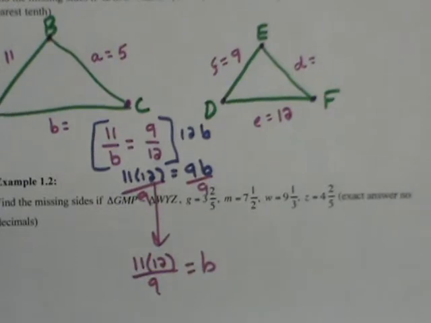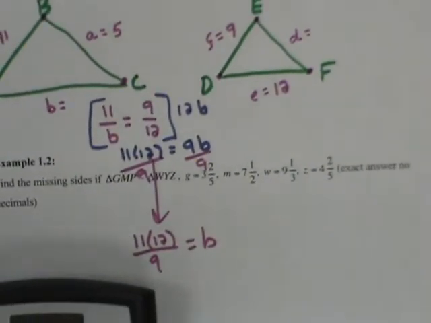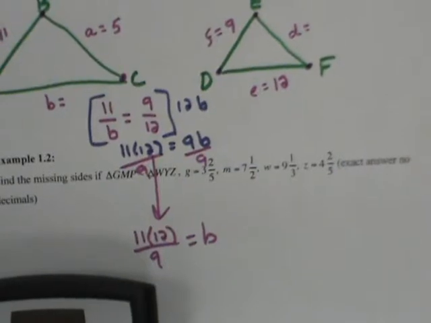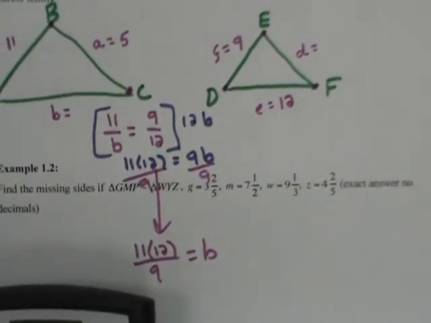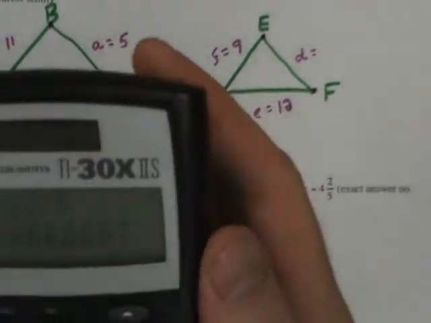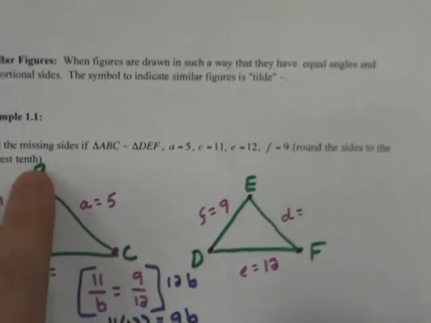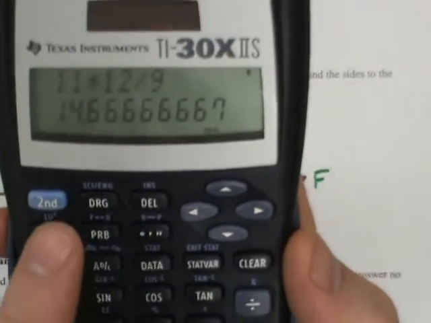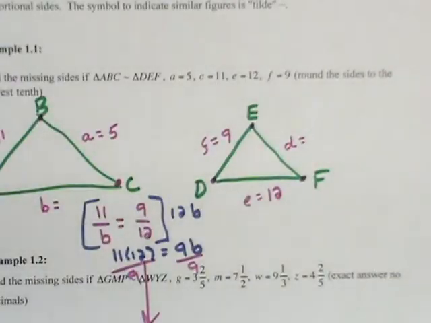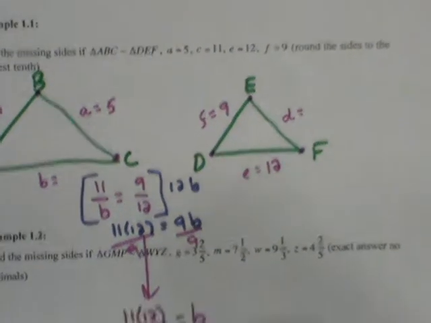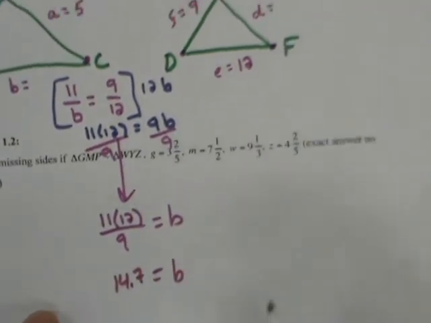Then I can put that in my calculator. These shouldn't be problems that take very long. I go 11 times 12 divided by 9. Now my answer is in decimal form, and the directions said round answers to the nearest tenth. So when I round to the nearest tenth, I'd get 14.7. And so b is equal to 14.7.